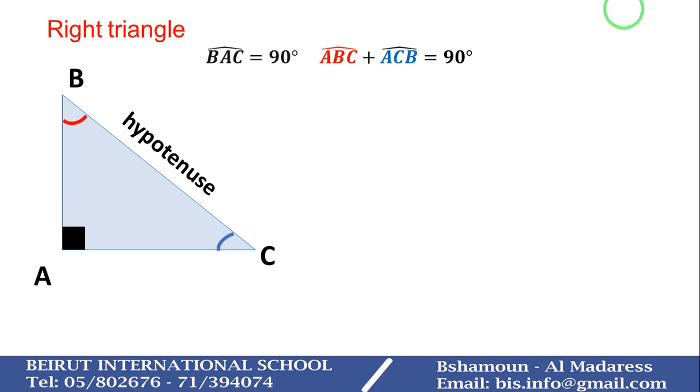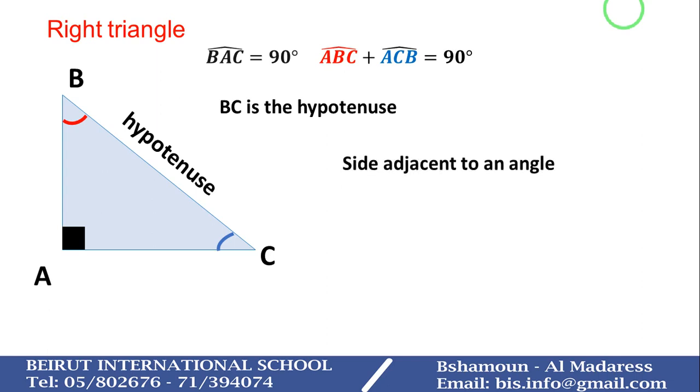Now, sides adjacent to an angle. Every angle is included between two sides. Angle ABC, which is red, is included between two sides, BC, which is the hypotenuse, and AB, which is the side adjacent to this angle.